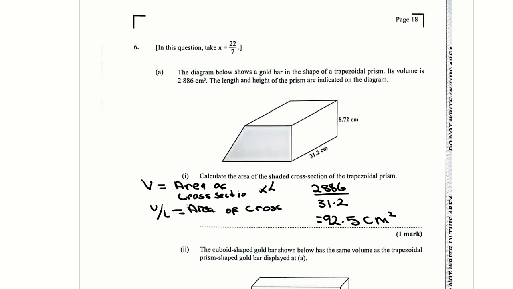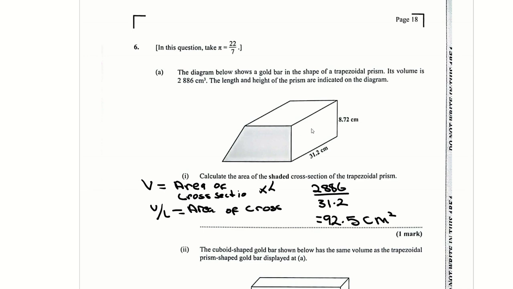We know that the volume of a prism is the area of your cross-section times your height. Now, if this is the cross-section, that means your height is not this, because this here is part of this shape, right? Because this is 8.72. Your height would be 31.2.